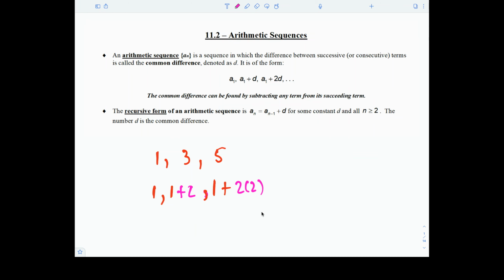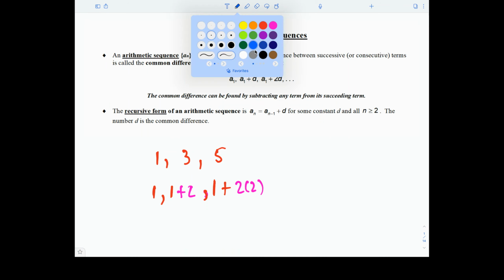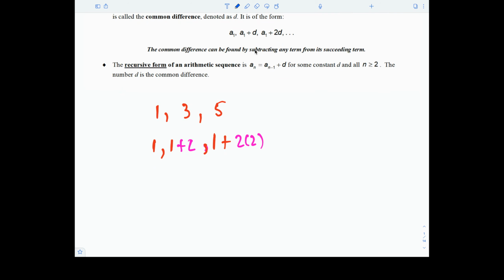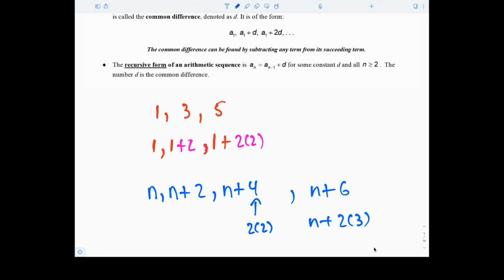So essentially, and we sometimes see this in other classes, if it's n plus 2, and then n plus 4, but 4 is really 2 times 2. So the next one would be n plus 6, so this would be n plus 2 times 3.